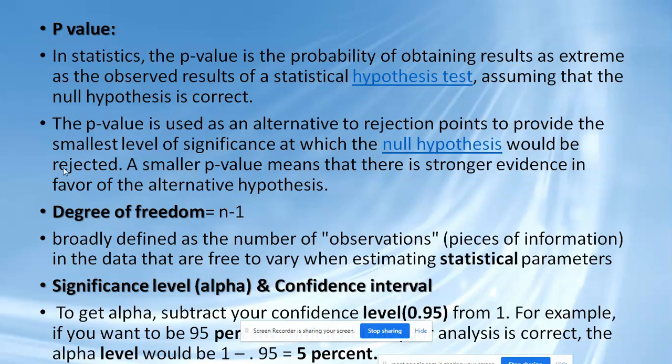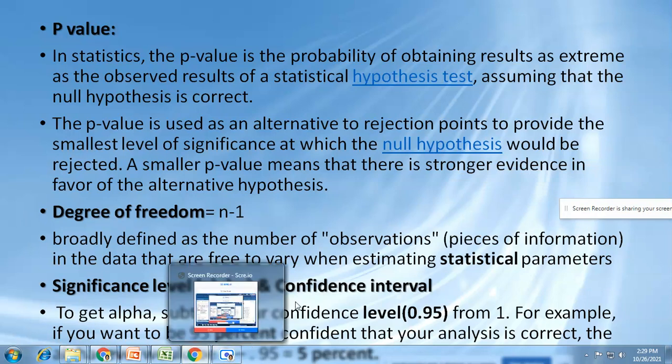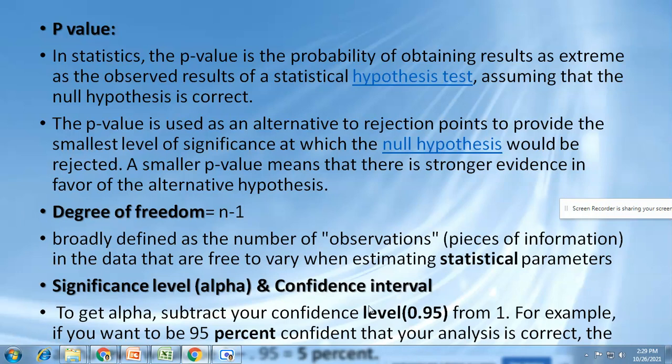Then there is something called significance level and confidence interval. Okay, now what is the significance level? So significance level is defined as alpha.